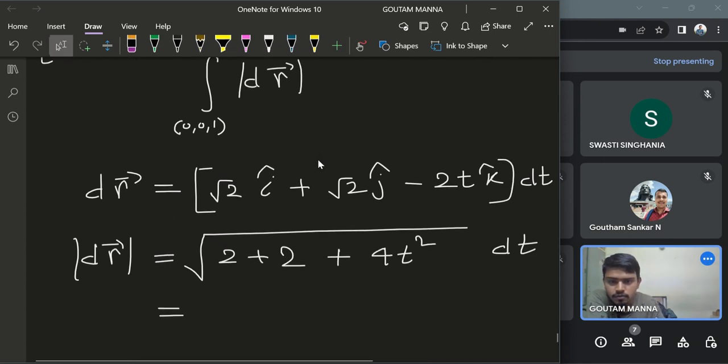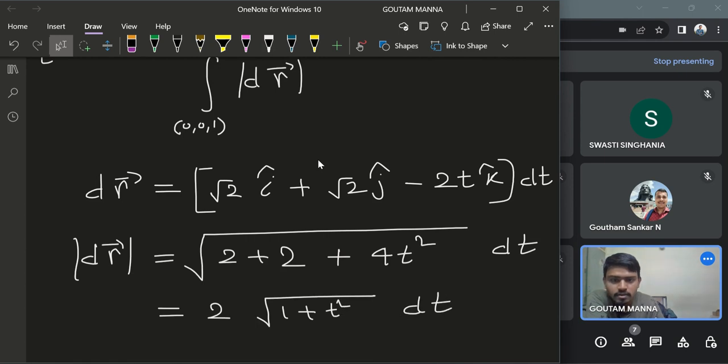If you take 4 outside, it is 2 times root of 1 plus t square, dt.